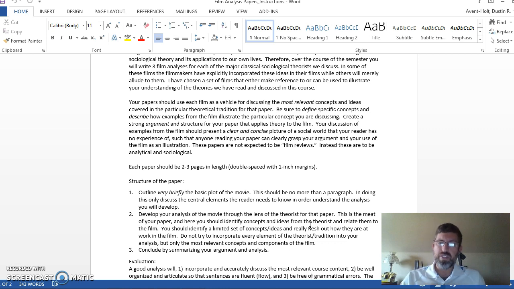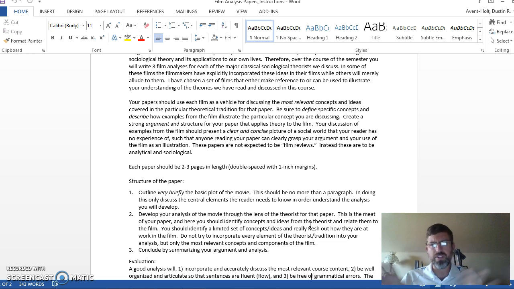Secondly, once you've accomplished that, you're going to then work through an analysis of the film as if you were Marx or Weber or Durkheim. And this is really the meat of the paper. This is the crux of what you want to focus on. You want to be here identifying what the concepts are, and for this paper, you only want to identify one or two concepts that you're going to work with.